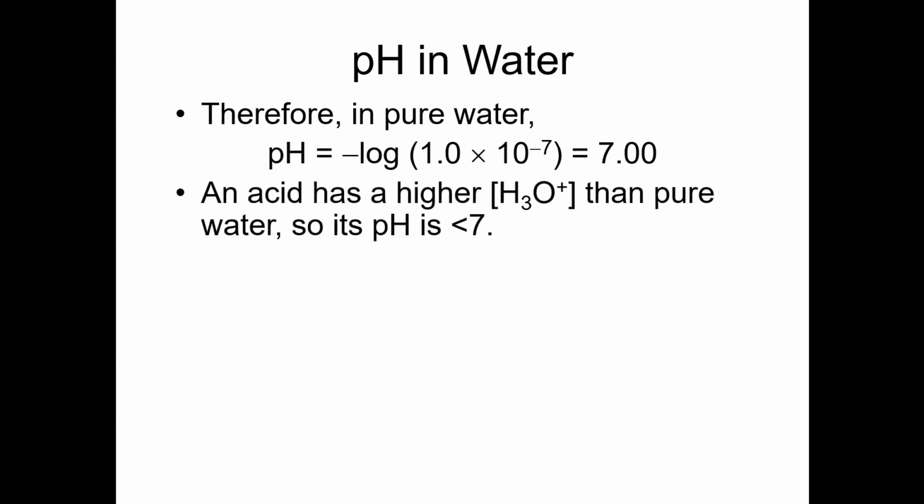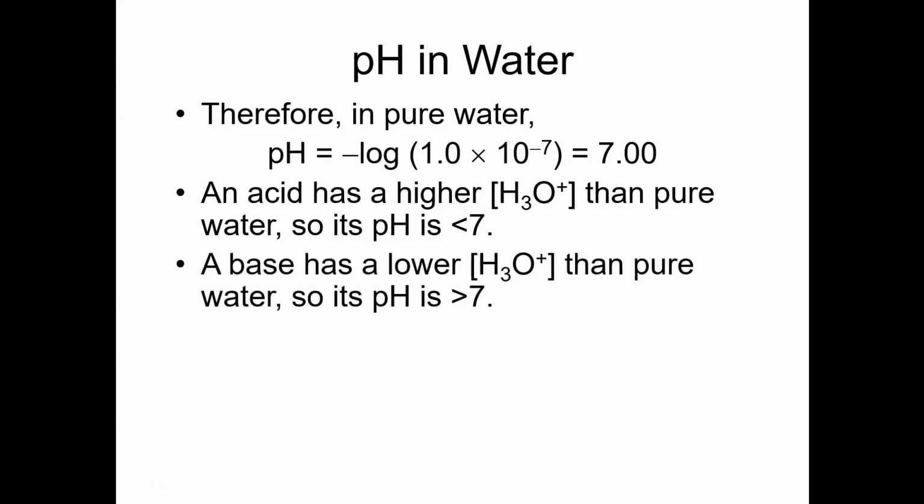If it is an acidic solution, it's going to have a hydronium ion concentration that is greater than pure water, and therefore it's going to have a pH that is less than 7. If it's a basic solution, it's going to have more hydroxide and less hydronium than pure water.